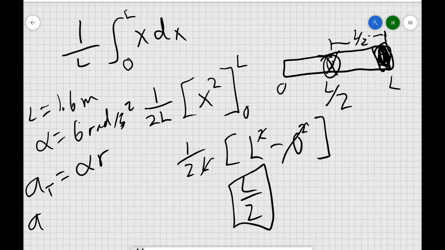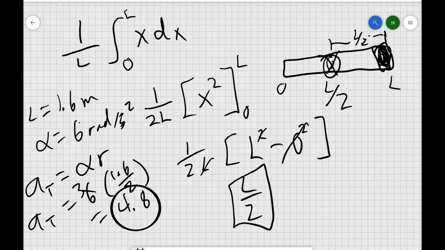So a sub T equals 6 times 1.6 over 2. That's going to be a 3. So 3 times 1.6. What is that? 4.8, I do believe. I'm not good at simple math.